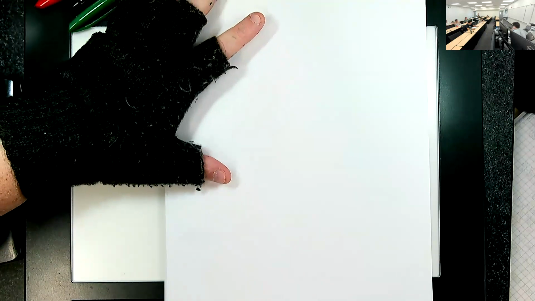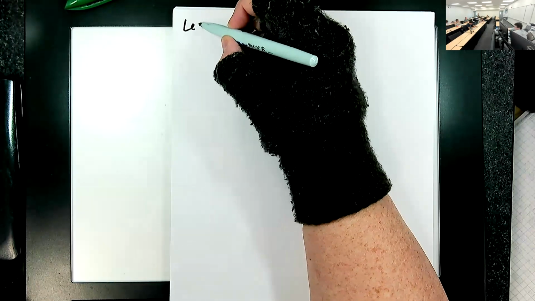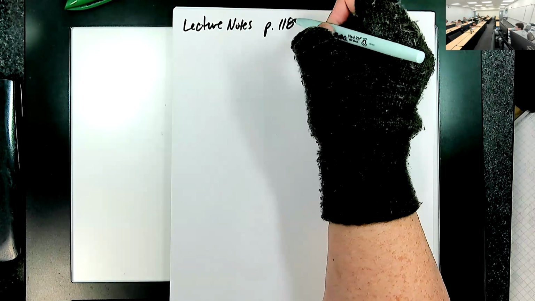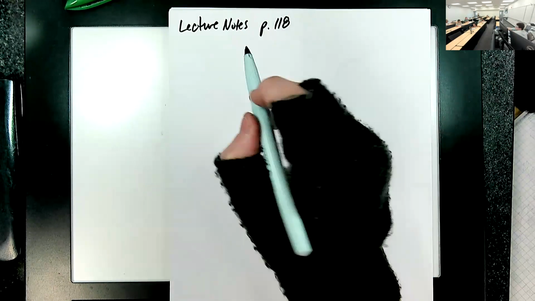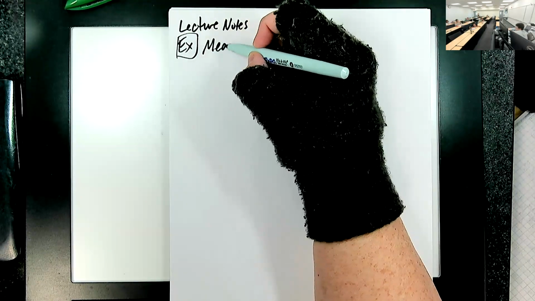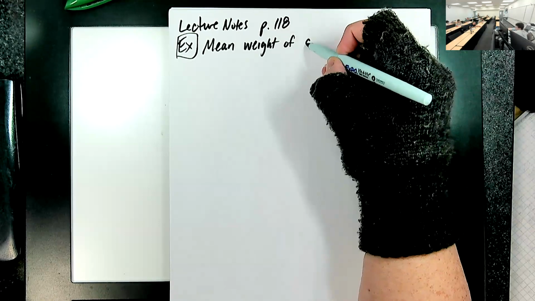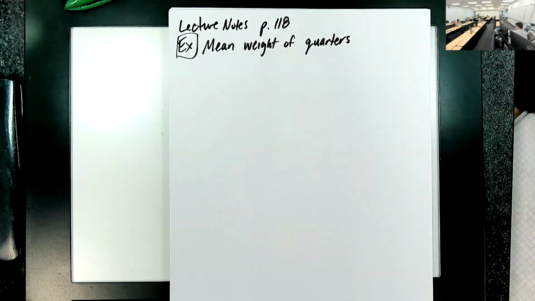All right, let's give you guys another one. This is from my online lecture notes, on mean weight of quarters. Notes, page 118. This is in Canvas. The mean weight of quarters is 5.76 grams. I don't think weight is the right word.